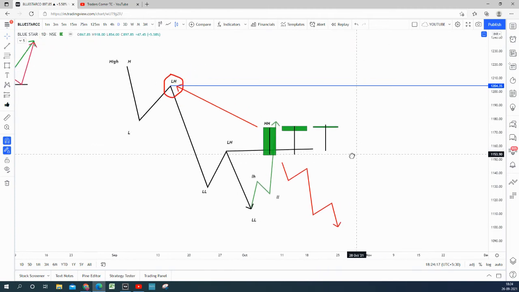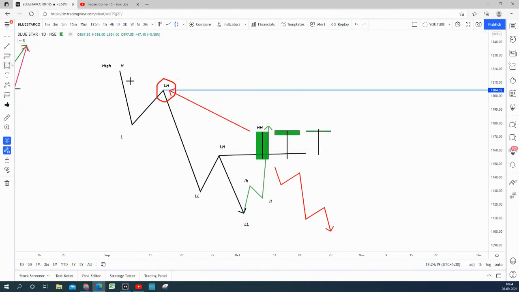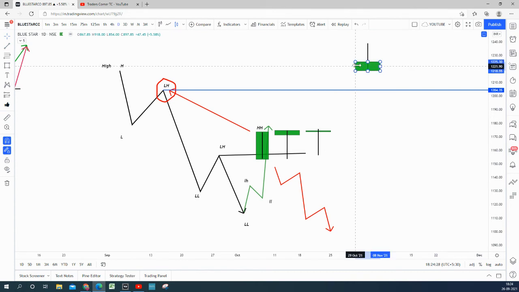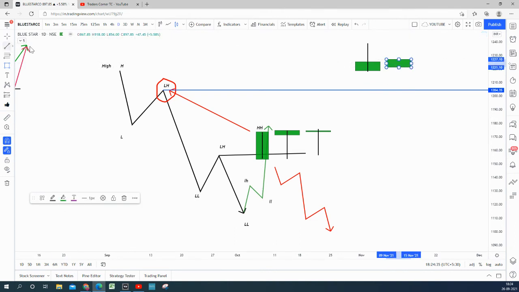It should not be weaker, like this type of shooting star kind of candle. These are all not valid. Spinning top. What else? A smaller base candle without any wicks.